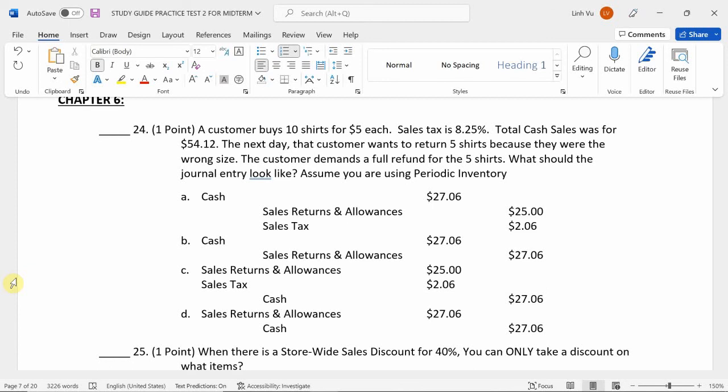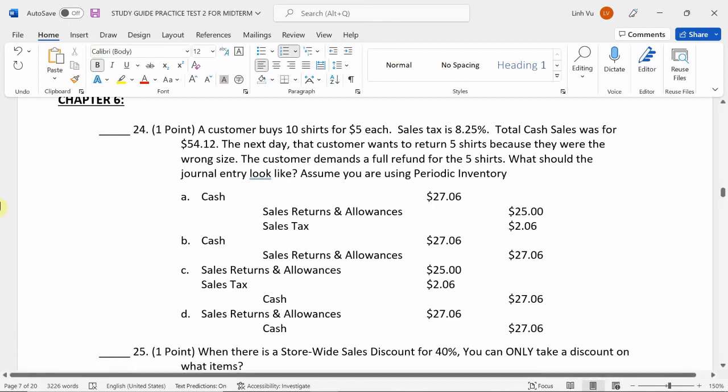So if you're giving them a refund, what are you going to do? You're going to debit your sales returns and allowances. You're going to give them a portion of the sales tax money back, and you're going to give them money. So in this case, the correct one is going to be letter C.